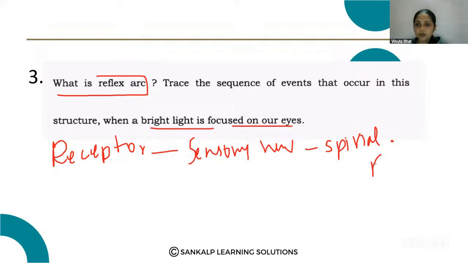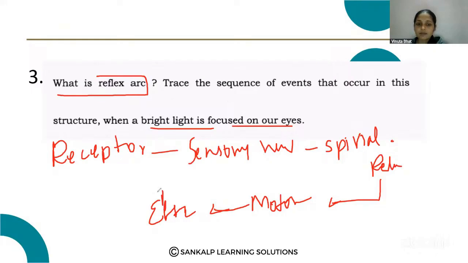The relay neuron then transmits the action through the motor neurons to the effector, that is the eyes, which causes the closing of the eyes. The movement of the muscle present in the eyes helps to close the eyes.